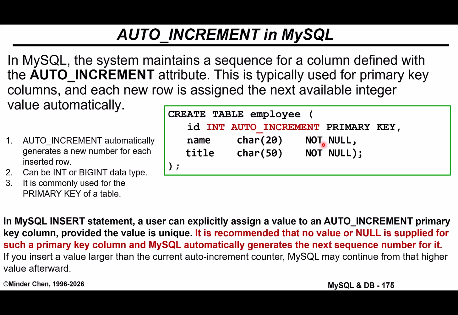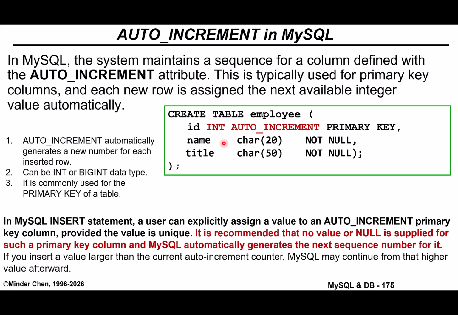Auto increment means that when we create a new employee row, we don't have to specify employee ID. The system would automatically assign a sequence number, a sequential number. So we start with employee number 1, employee number 2, etc. And the employee has name and has title, and we specify it's not null, and we also specify this employee ID column is the primary key.